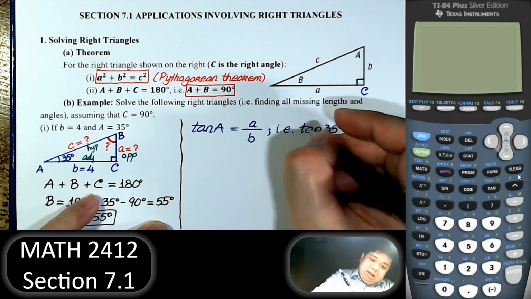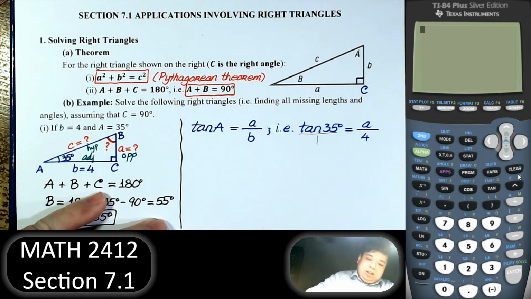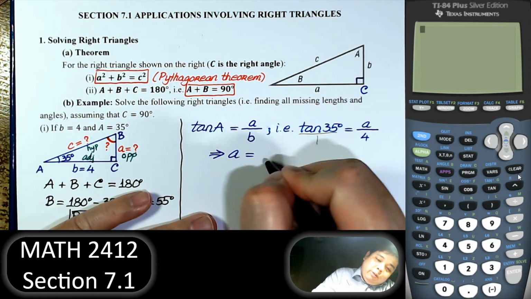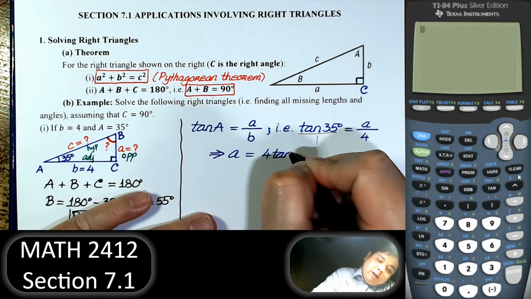It's easy, right? Cross multiply. a equals 4 tangent of 35 degrees.